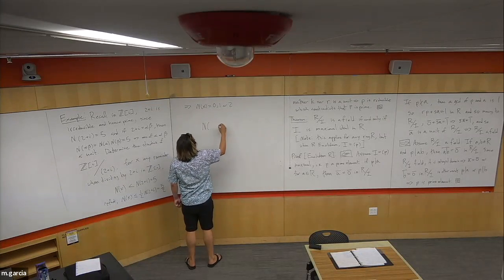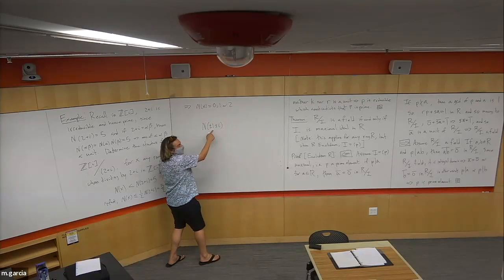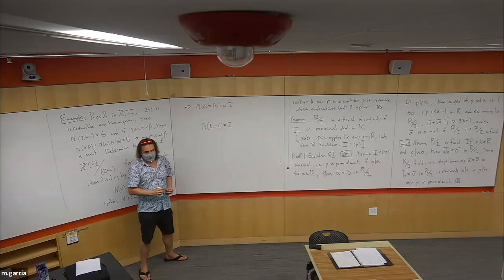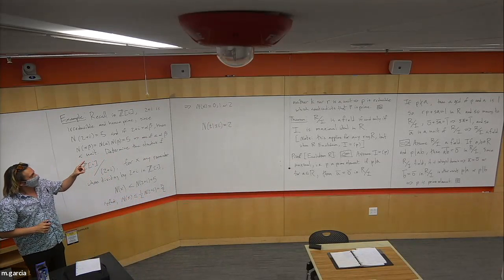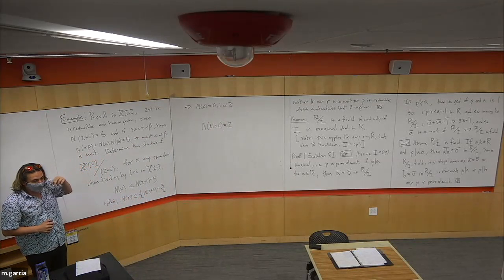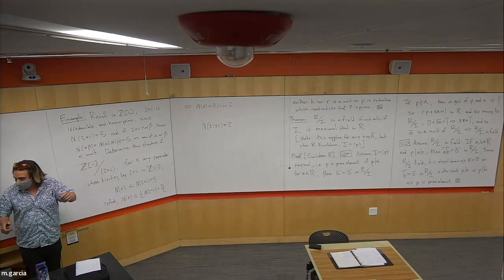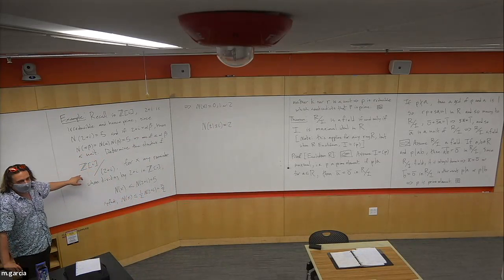Any combination of pluses and minuses here gives you norm 2. So we've come up with a list of 1 plus 4 plus 4, 9 total elements of norm 0, 1, or 2. Tomorrow, we'll determine what field this is using this information.